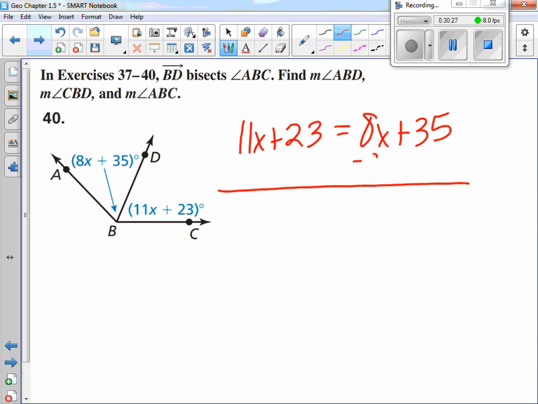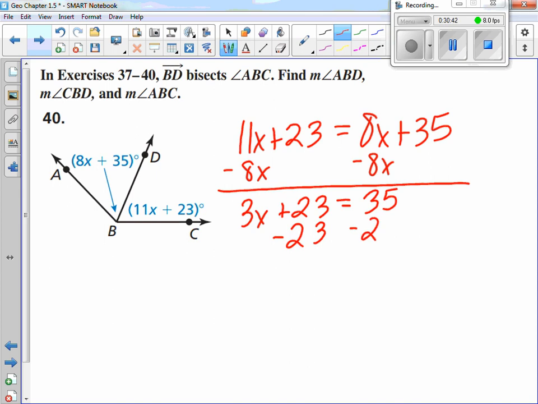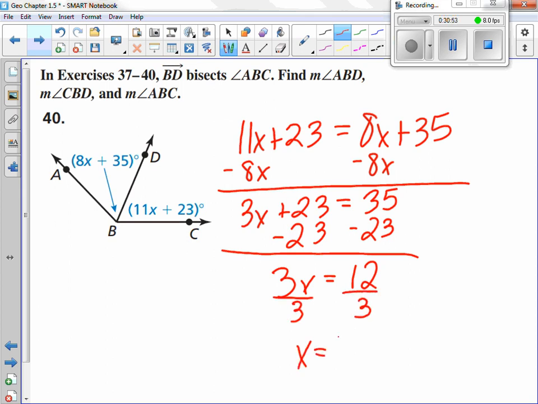So what do we do? We would get 3x plus, equals, then from here we can, equals, divide by 3, x equals 4.